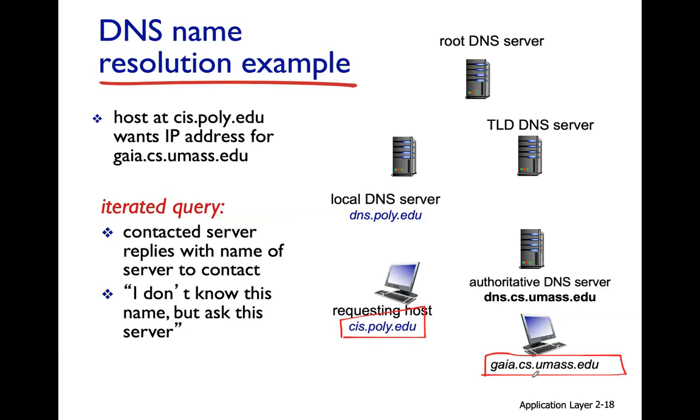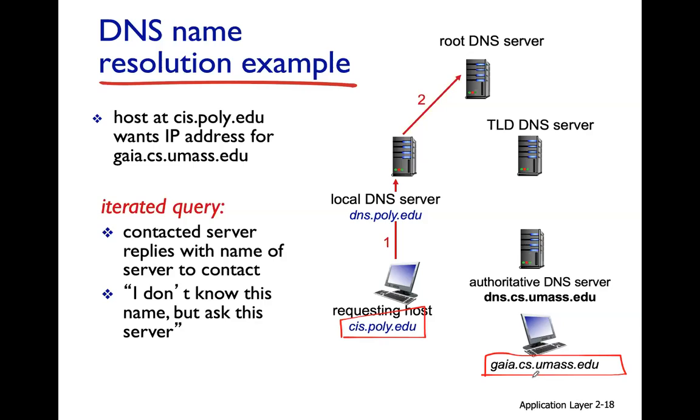We have two ways to do that. One is called the iterated query. The host will call the local DNS server. The local DNS server says, okay, I don't have any idea about this destination. Then I will call the root DNS server to say, hey, can you give me some information?